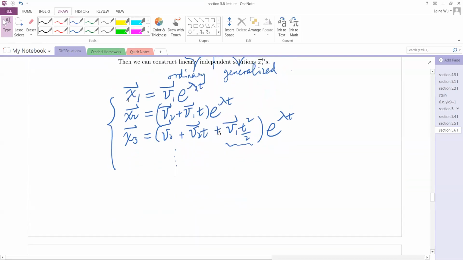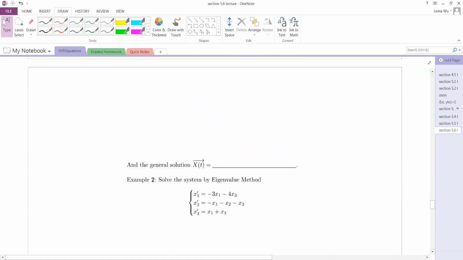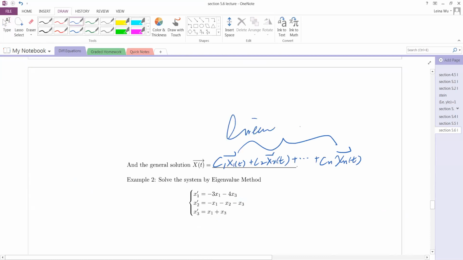So once you get all of these solutions, we'll get a general solution to be C1 x1 plus C2 x2 plus up until Cn xn. It's a linear combination of those xi's.